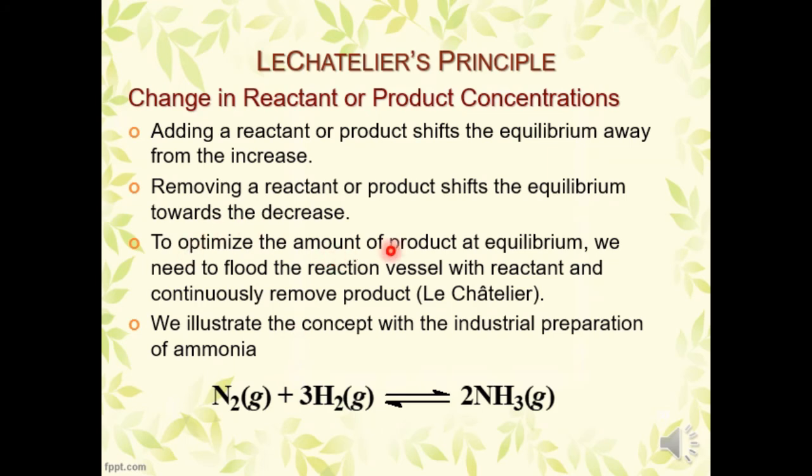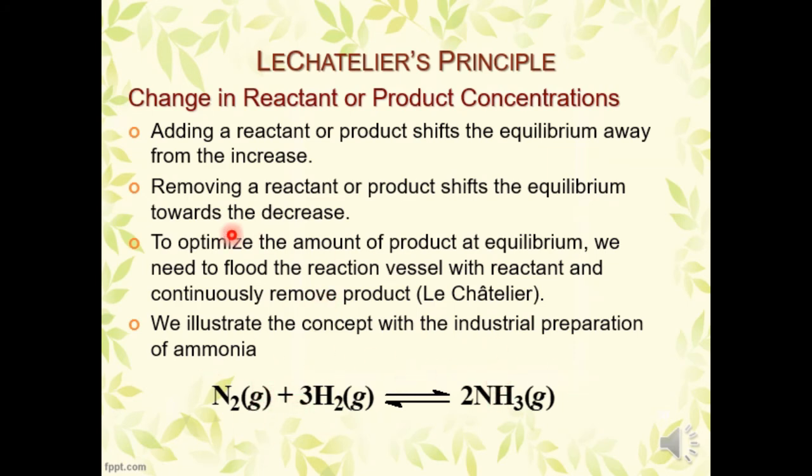So to optimize the amount of product at equilibrium, we need to flood the reaction vessel with reactant and continuously remove the product. Let's say we add more nitrogen and hydrogen, it will produce more ammonia. But if we don't remove the ammonia, it will shift the equilibrium back to the reactant side. So once it forms ammonia, collect it, and continuously add reactants, so that it will continuously form product.